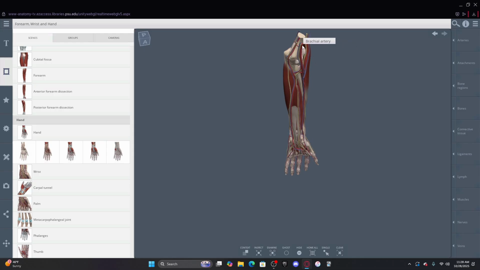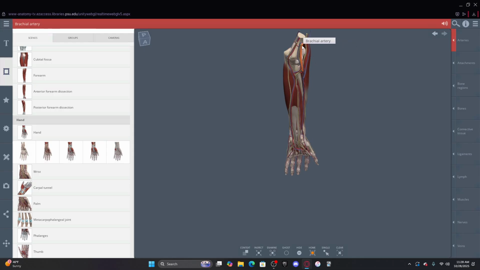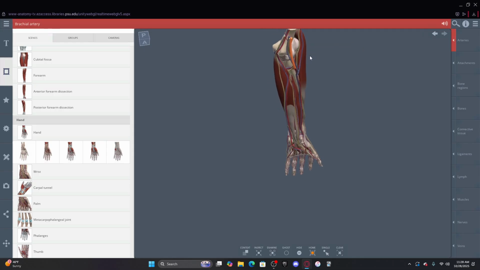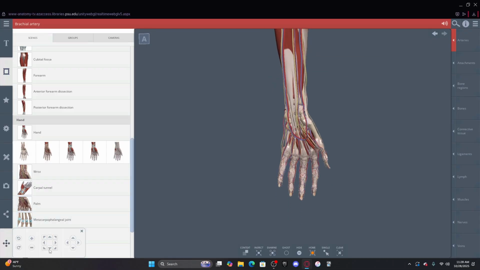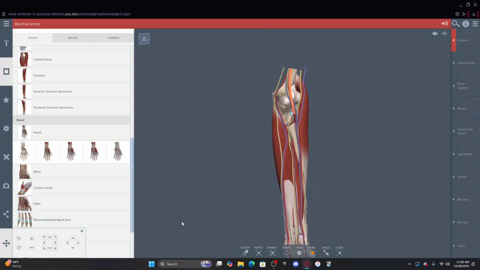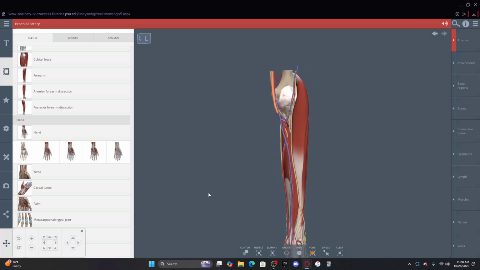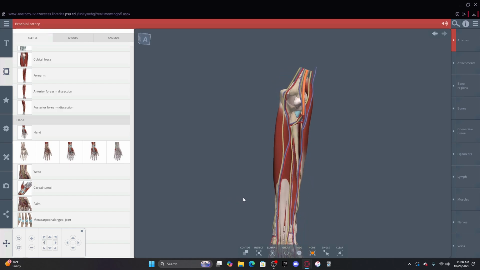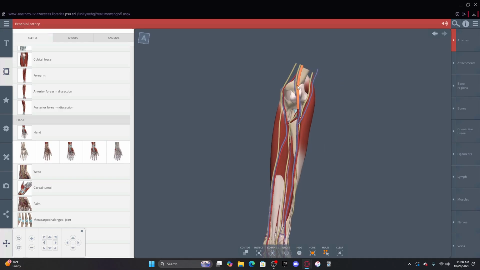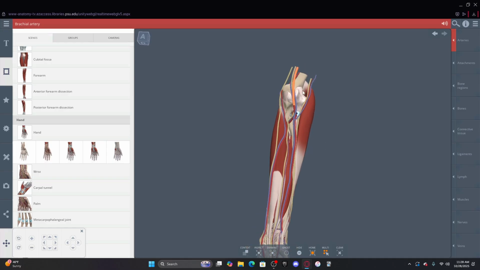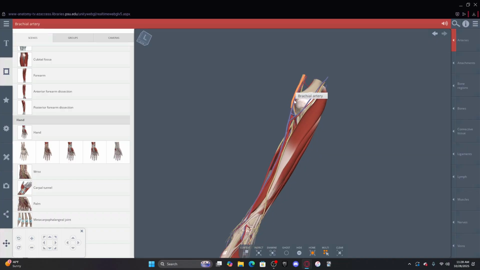So you have the continuation of the brachial artery and brachial vein. Let me move this down a little bit so we can see it better. I just selected the brachial artery. Now I'm going to select the brachial vein.